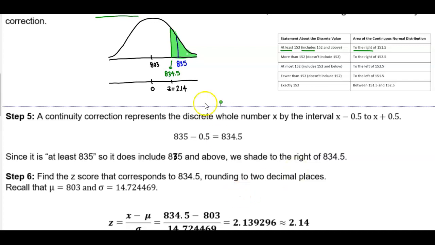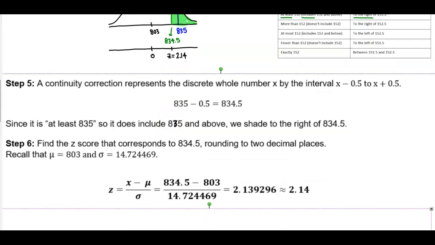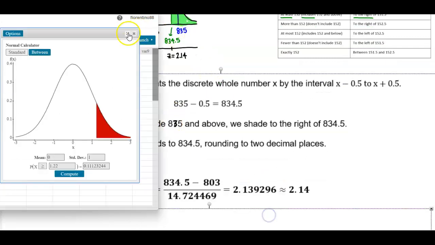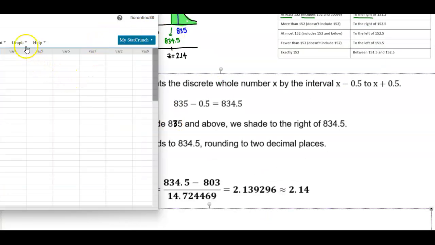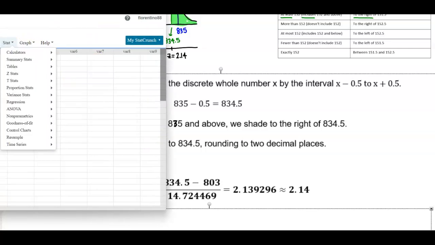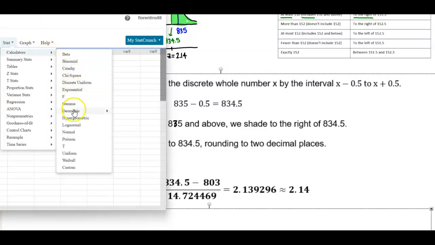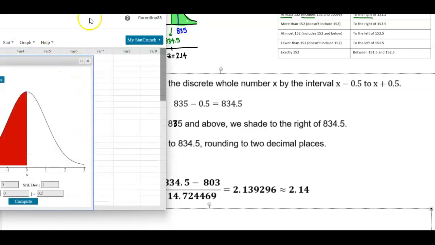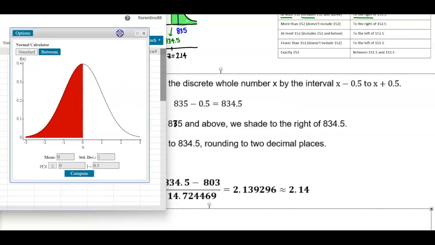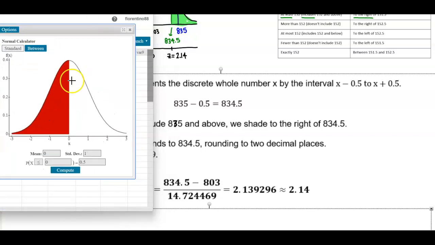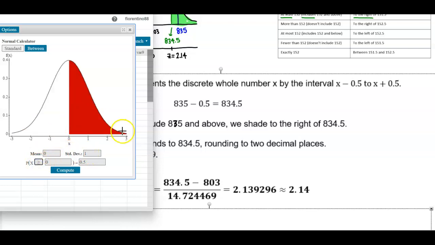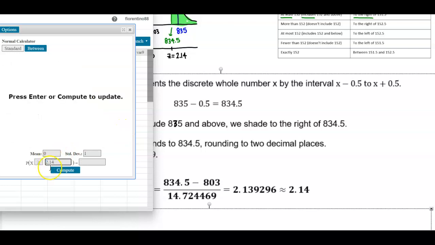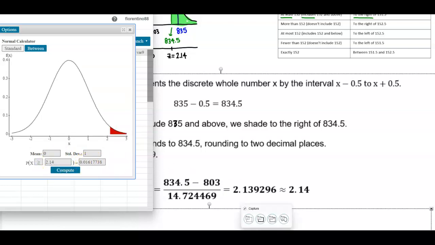We want to find the area that's to the right of that z-score. So let's open up StatCrunch. We're going to go to Stat, then Calculators, and then scroll down to Normal. We want to make sure that the mean is 0 and the standard deviation is 1. We want to change this to greater than or equal to, because we want the area to the right side. Then we plug in the z-score of 2.14, and that gives us the probability we're looking for.